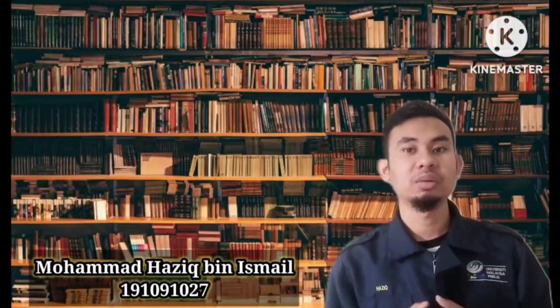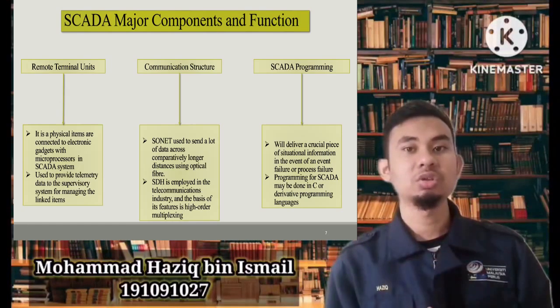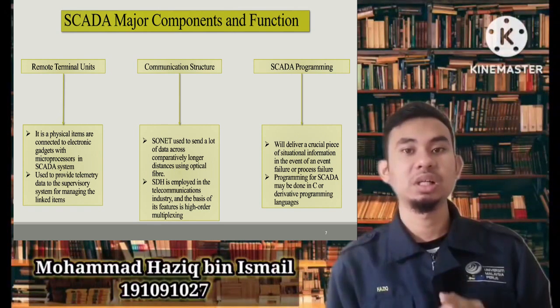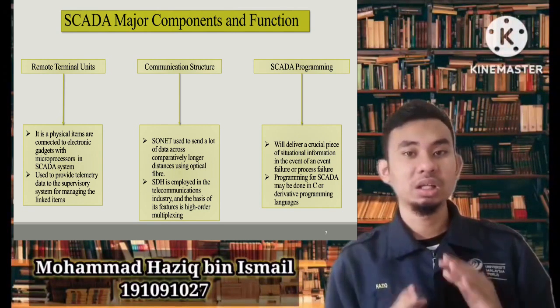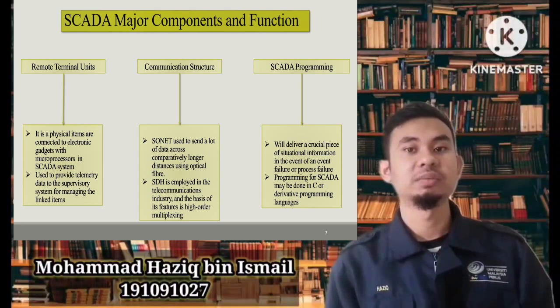After that, remote terminal units, also one of the SCADA main components. An RTU is a physical item that is connected to the electronic gadget with a microprocessor in SCADA systems. These devices are used to provide telemetry data to the supervisory system and receive messages from the master system by managing the linked items.